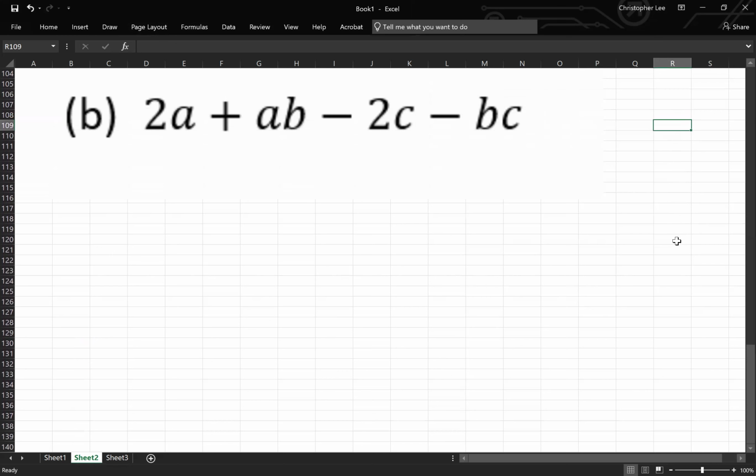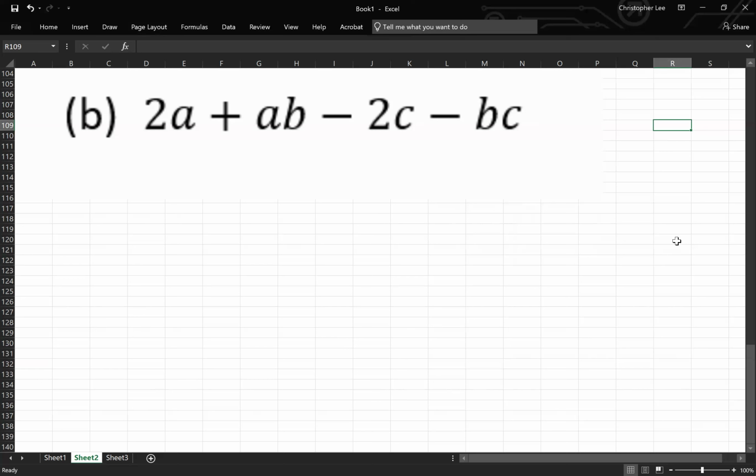All right. So again, instructions for this question is factor completely, right? I got 1, 2, 3, 4 terms here. What do I do when I have 4 terms? Grouping, right? I'm gonna group these together.